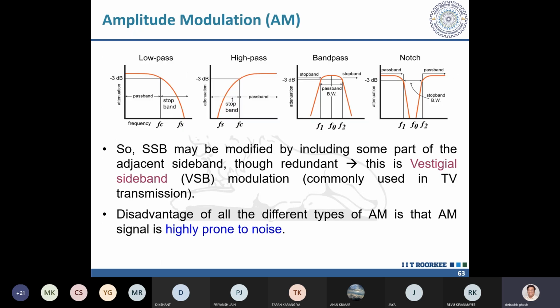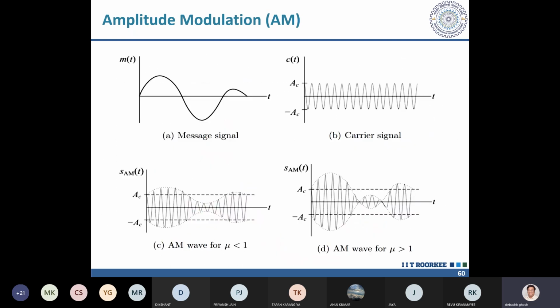So if you see any signal, this is the modulated wave I am transmitting, it is going like this. Now suppose at this point there is some noise, and because of that noise, this amplitude becomes like this. It gets added. It becomes larger.